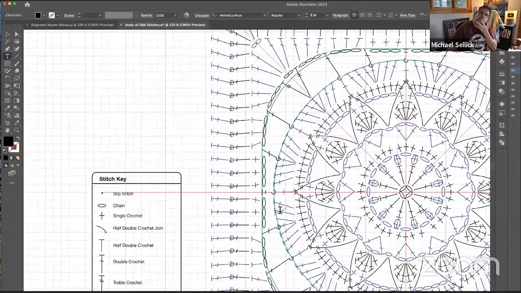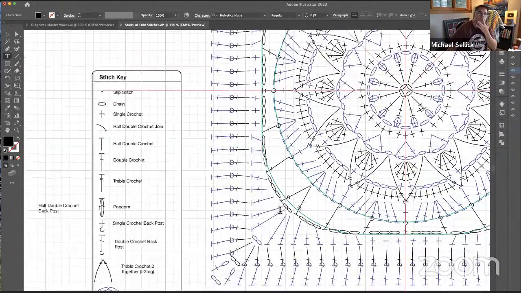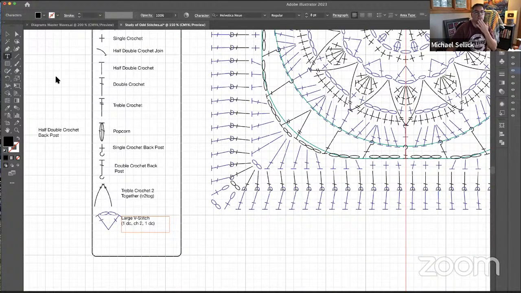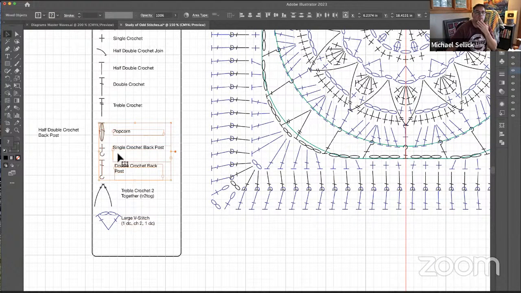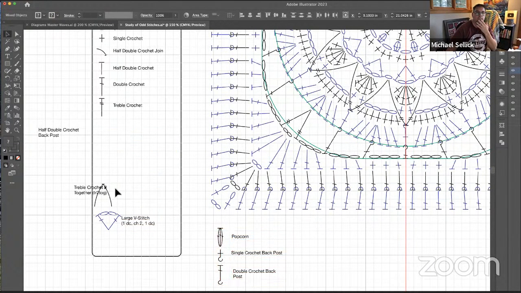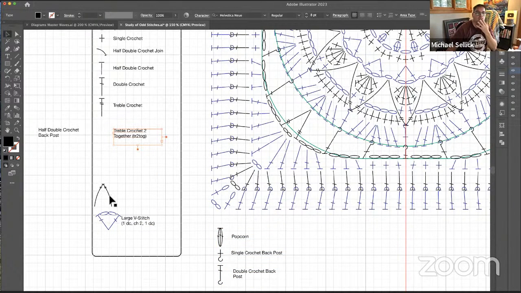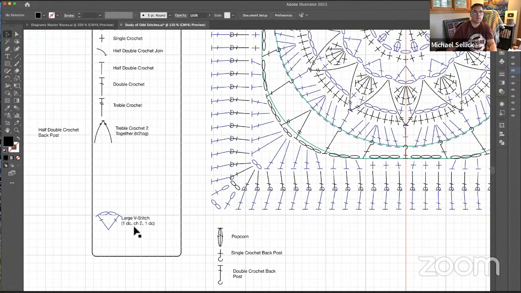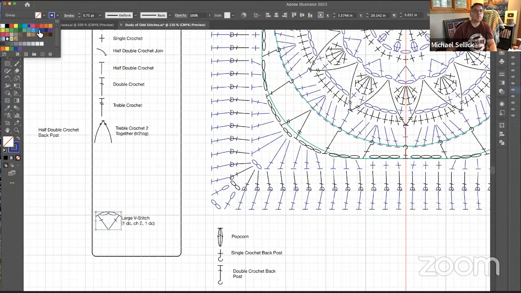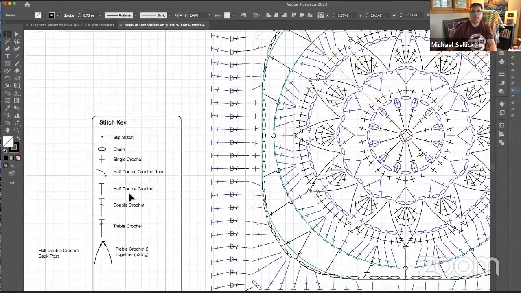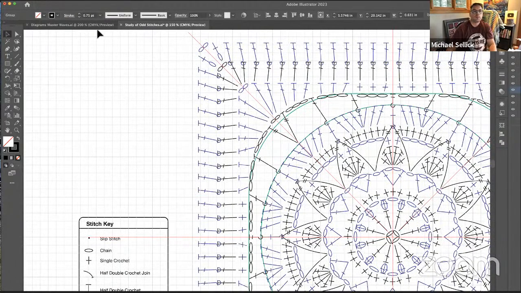Don't think there's anything else in there. The extended single crochet. Yes, you're right. Thanks.